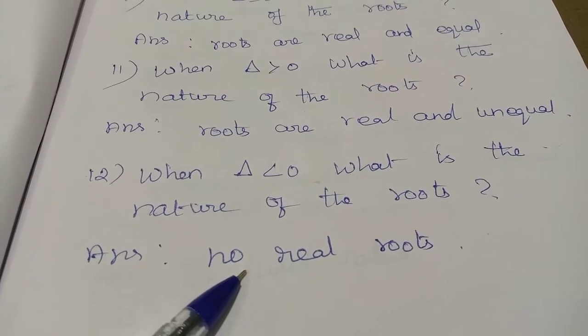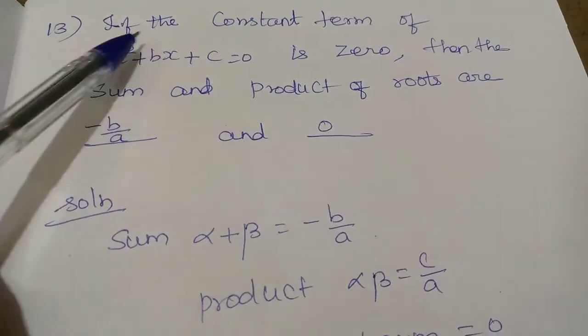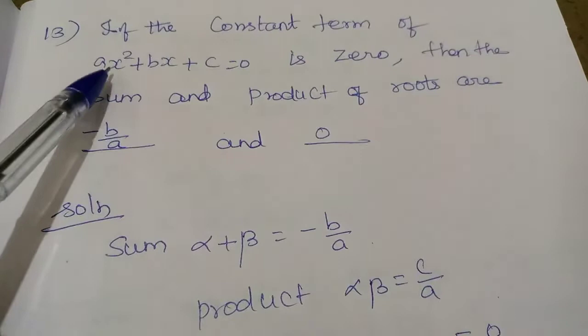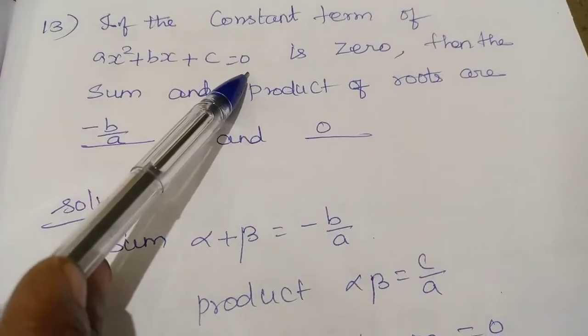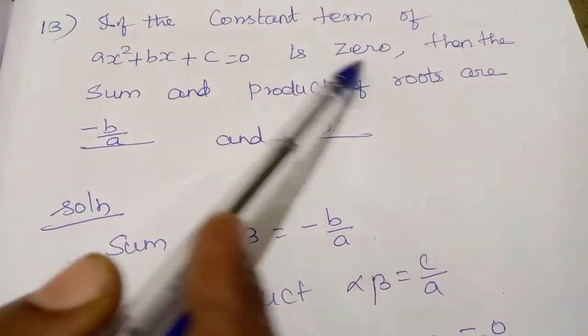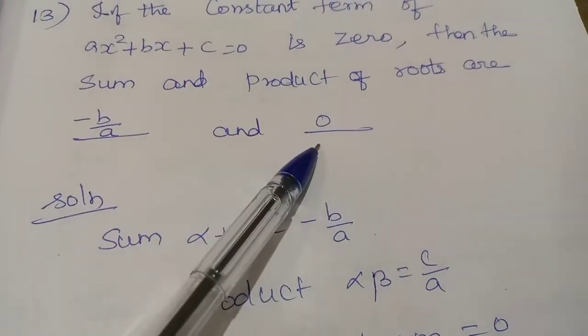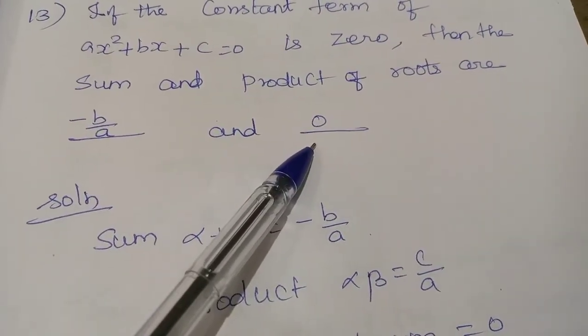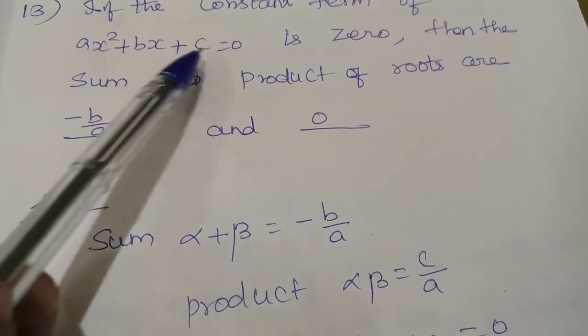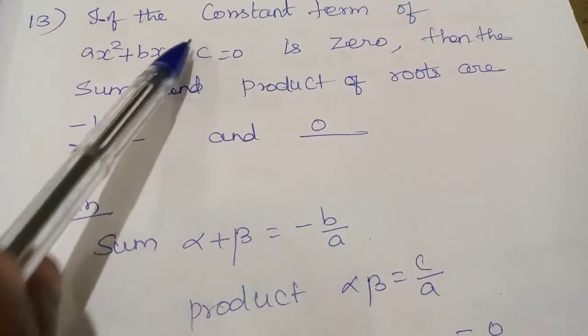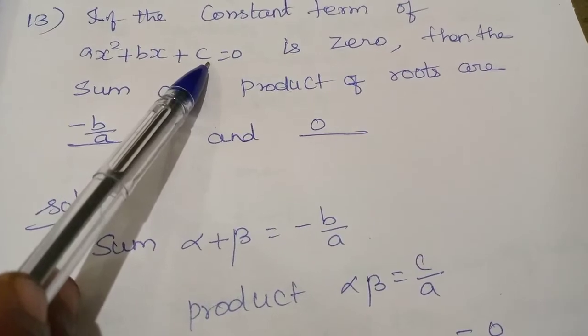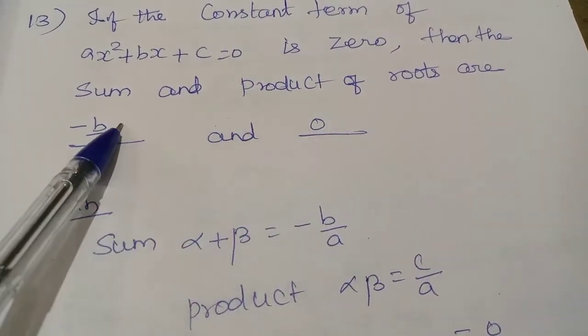Question number 13. If the constant term of ax square plus bx plus c equal to 0 is 0, then the sum and product of the zeros are dash and dash. What is the constant term of this equation? This one, this is the constant term. If this term is 0, what are the roots?